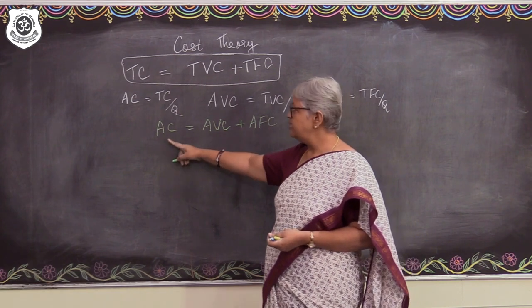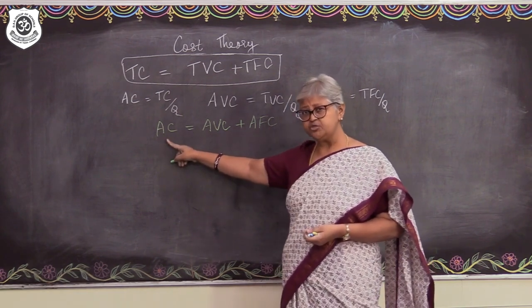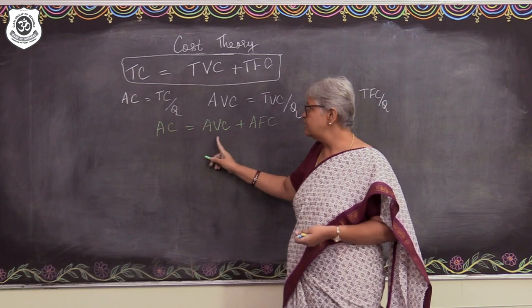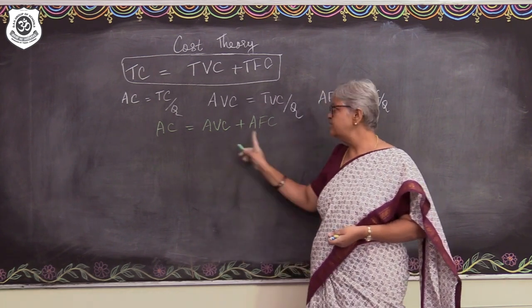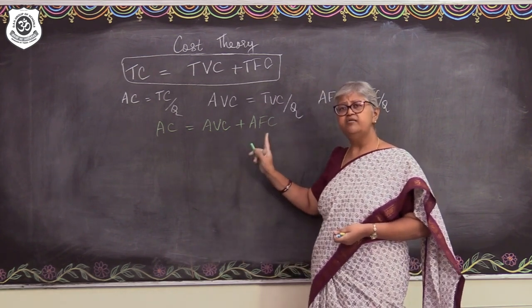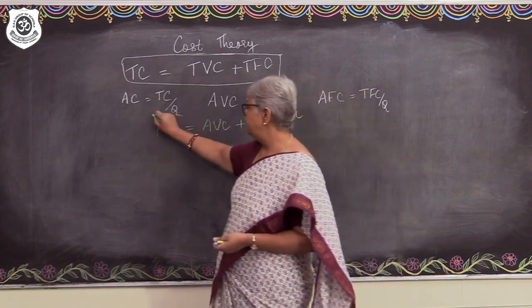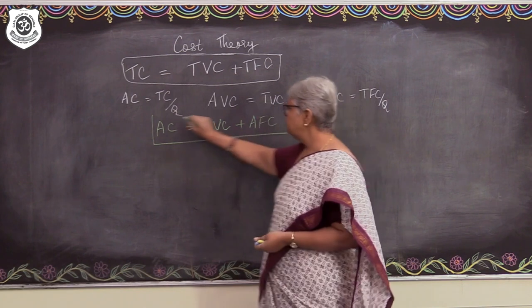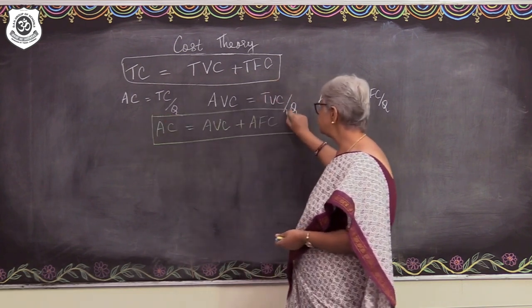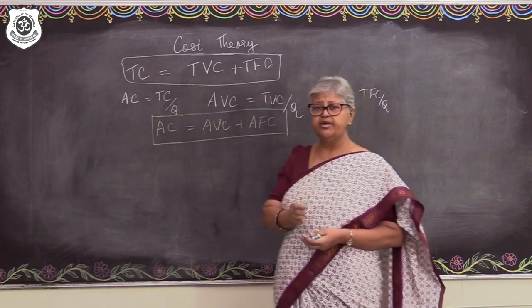Let me repeat. The per unit cost of production can be understood as the per unit variable cost plus the per unit fixed cost of production. Okay. Now, how does the average cost behave in the short run?